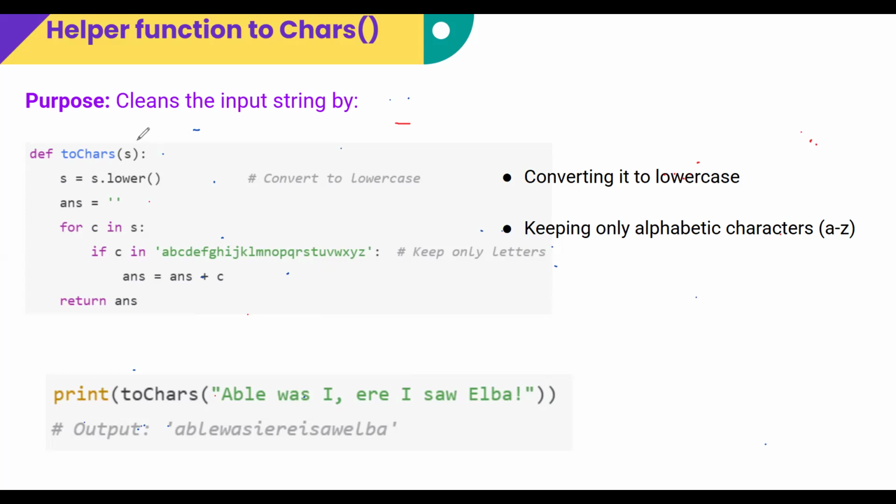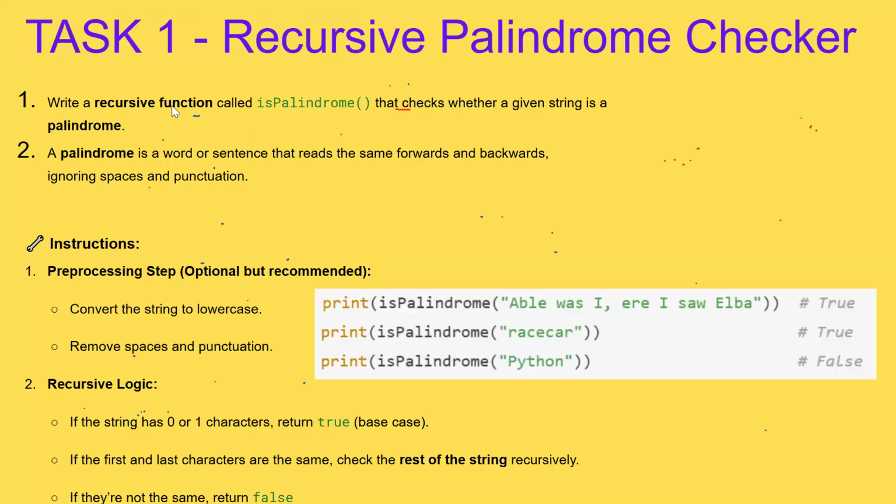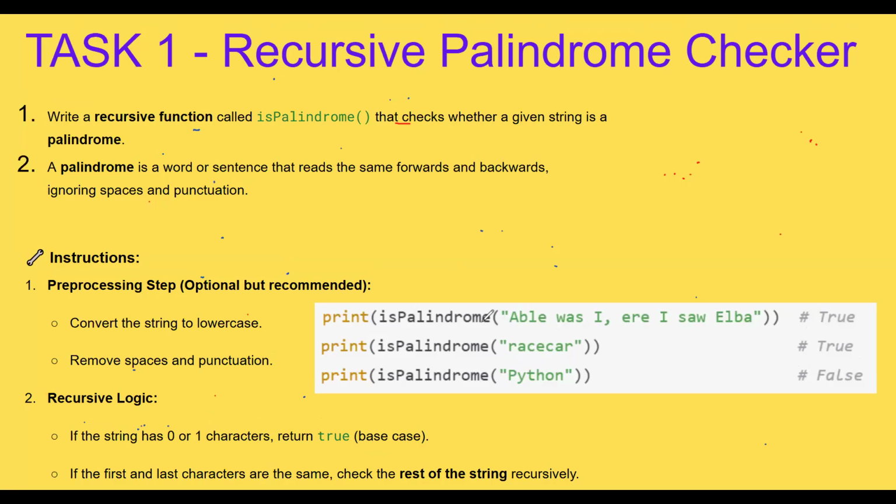Let me introduce it first. This is a function that you call to decide if the string passed to you is a palindrome or not. What is a palindrome?